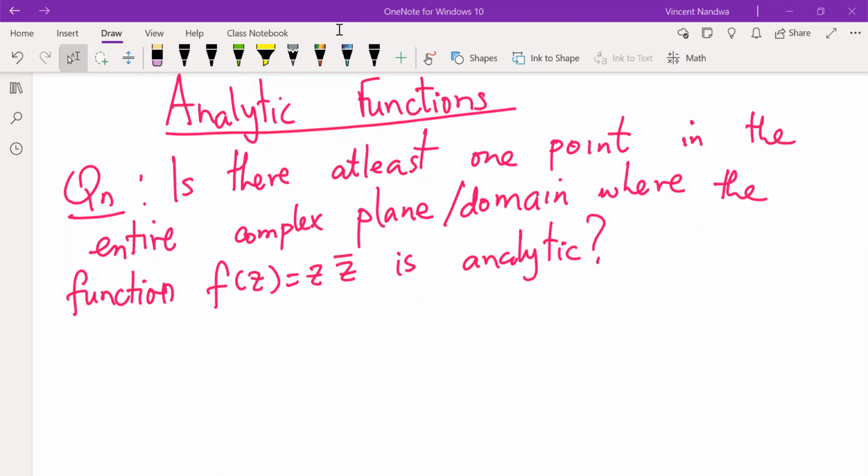So let's continue our discussion on analytic functions. The question is to determine whether there's at least one point in the complex plane where the function f of z, given by z times the conjugate of z, is analytic.